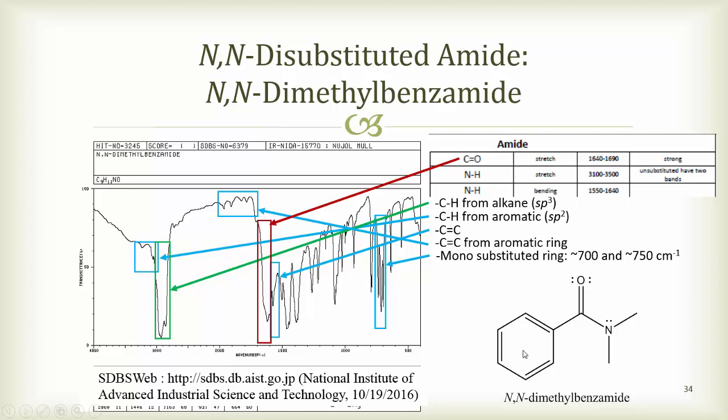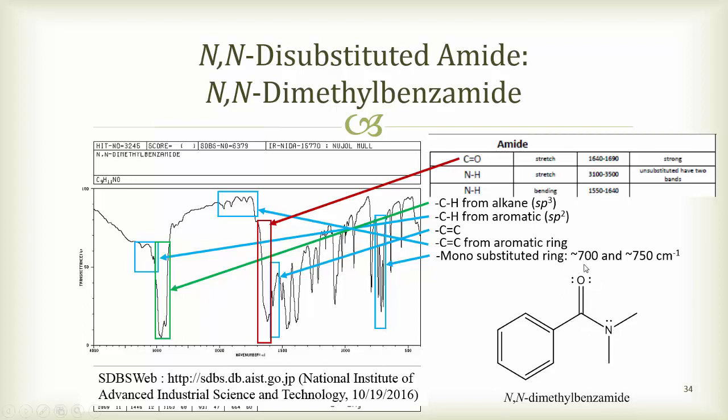But some things that are kind of helpful, you're looking for the carbon-carbon double bond, and here it is just below 1600 wave numbers. And the 4 fingers are very distinct in this case, which is kind of nice. It's a monosubstituted ring, but again, I can't really tell that it is monosubstituted very easily in the fingerprint region. There's 3 peaks in this region. In this case, there's another signal in this area because it is the fingerprint region. So it gets kind of hard when you're dealing with the fingerprint region.